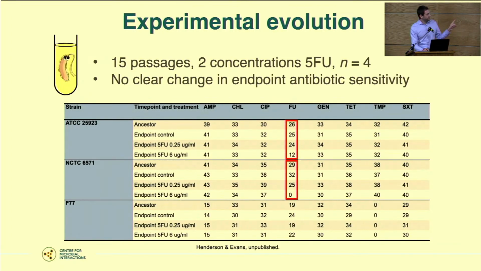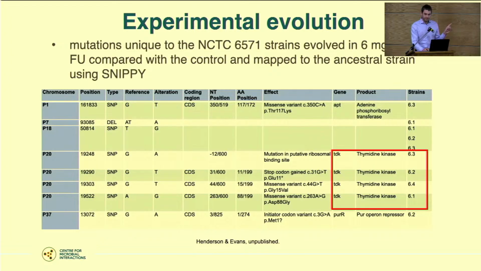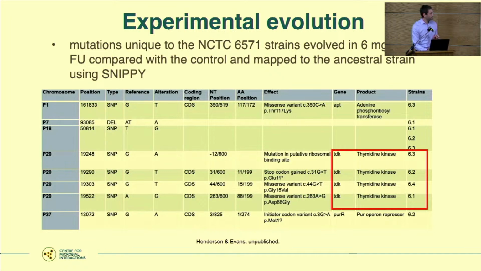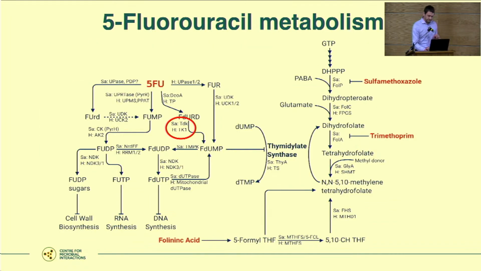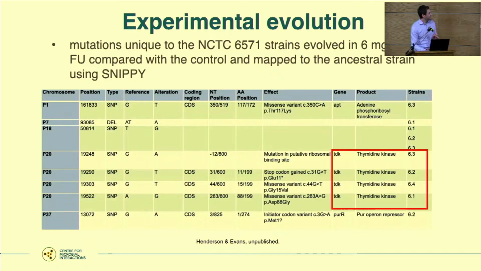We sequenced these strains as well, that we did the experimental evolution on, and this is where the genomics bit comes in. So we integrate genomics into these types of experiments. The bit to point out here is that where it says 6.3, 6.2, 6.4, and 6.1 on the far right-hand side, that's our 4 different replicates in the experiment.